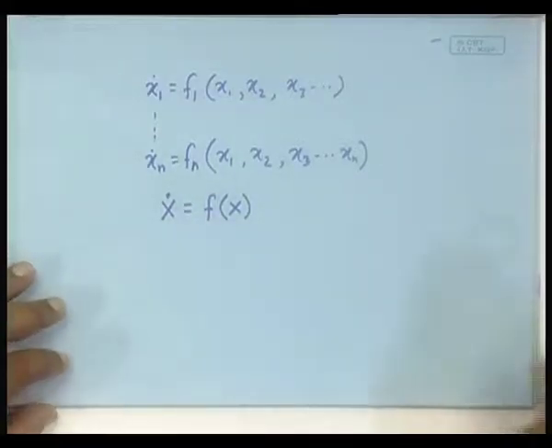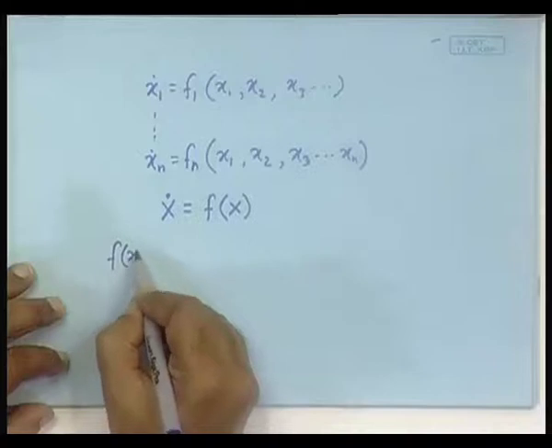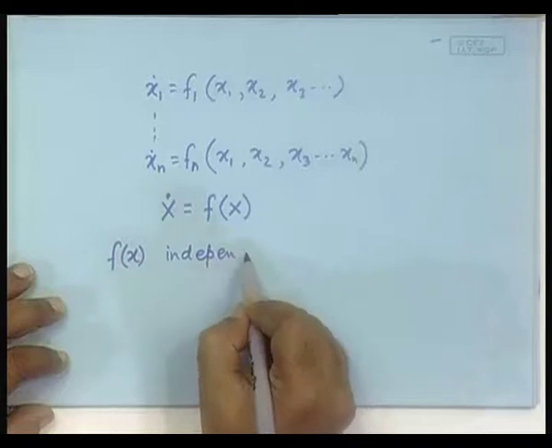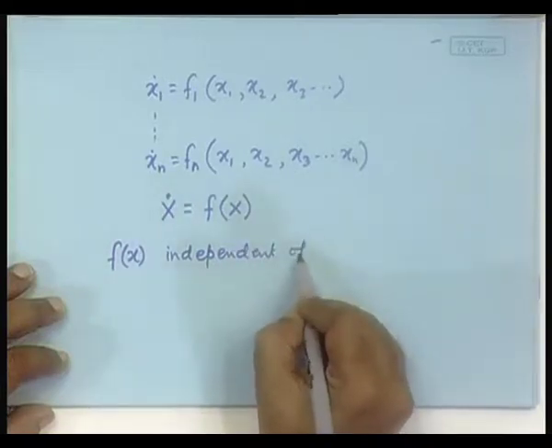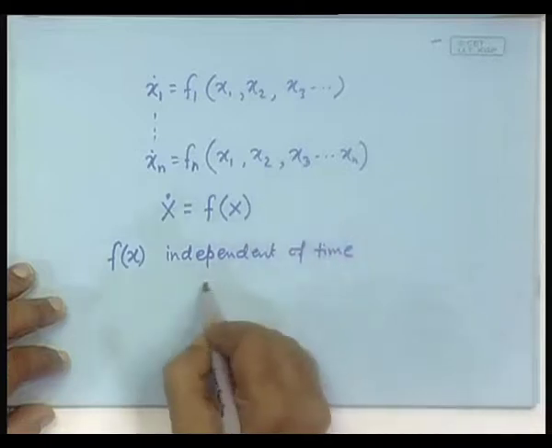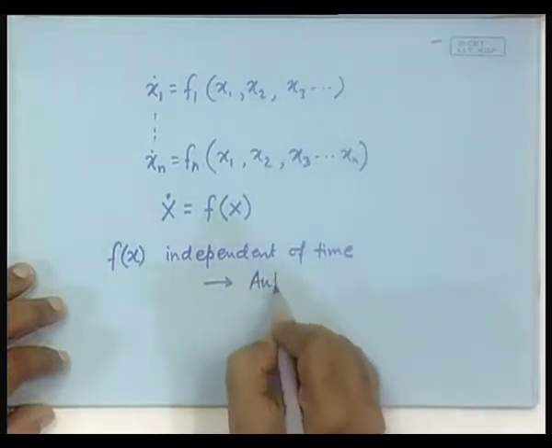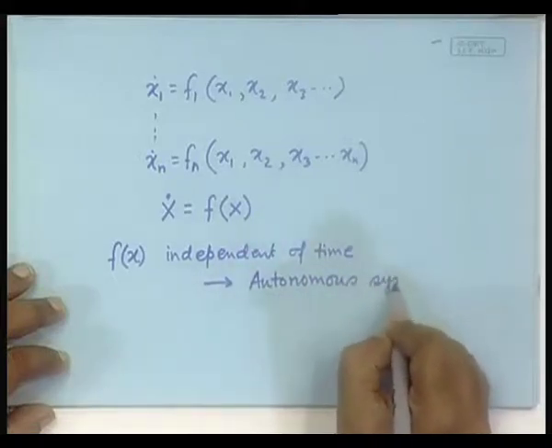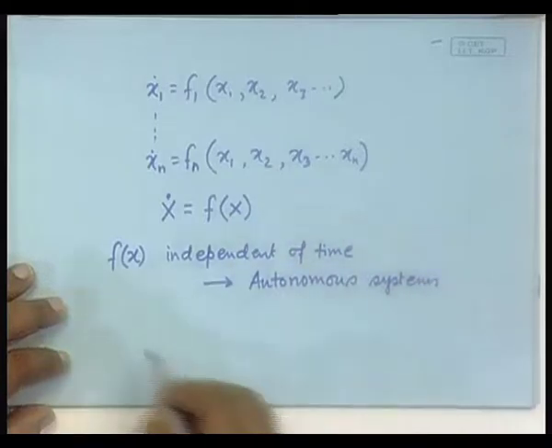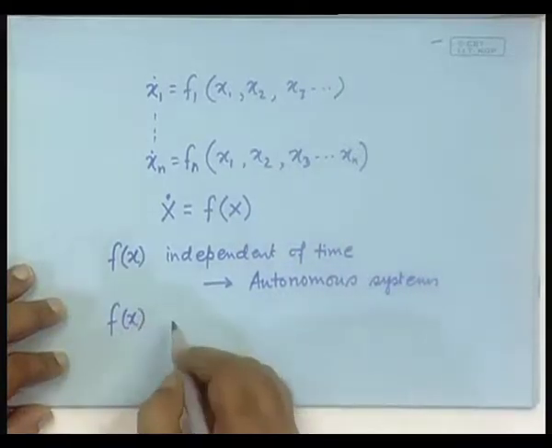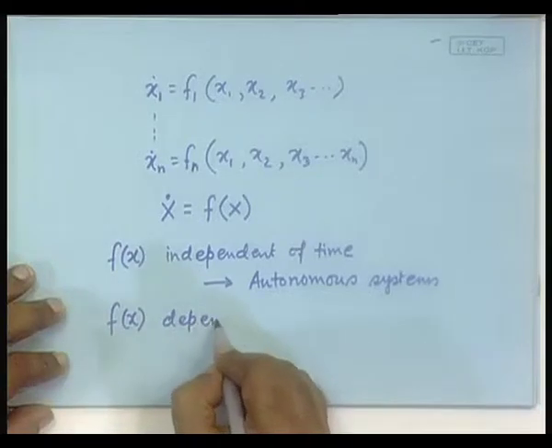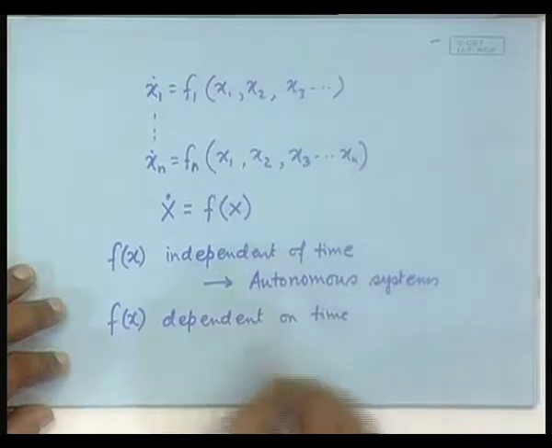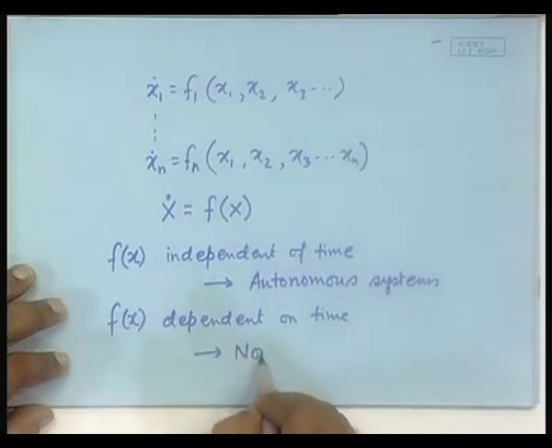So, whenever you have the right hand side f(x) independent of time, such systems are called autonomous systems. And where f(x) is dependent on time, they are non-autonomous systems.